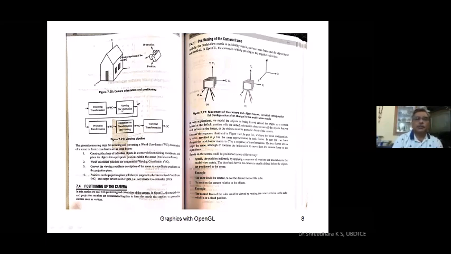World coordinate system to viewing coordinate system: the world viewing transformation is used to convert it. Then the projection transformation, projecting onto the screen, then the normalization transformation, and clip the portion which is only to be observed; the remaining things will be removed, put onto the viewport, that is on your screen, and converted into device coordinates. So data in the world coordinate is converted into device coordinates.